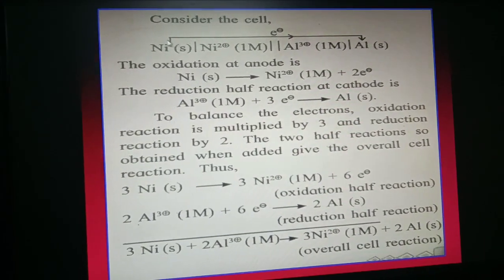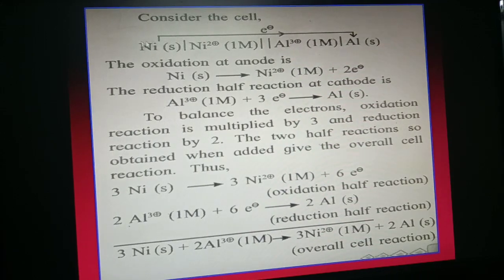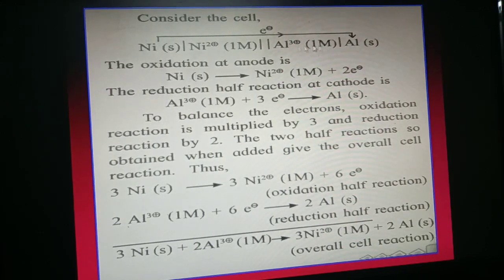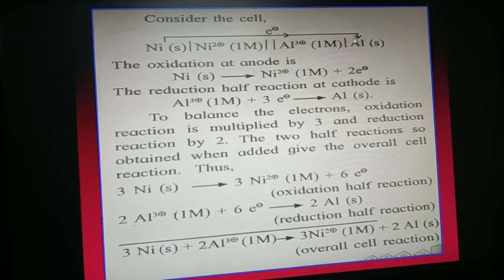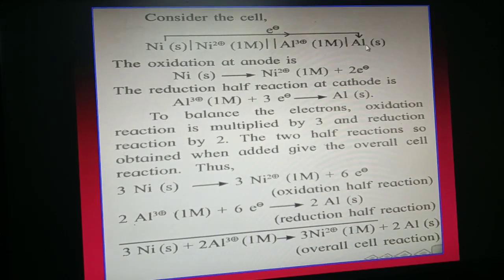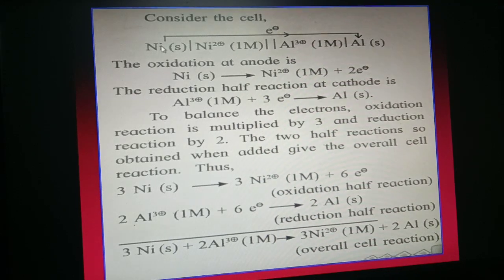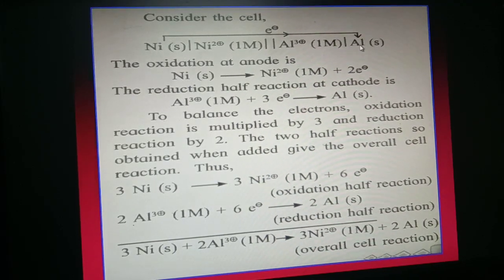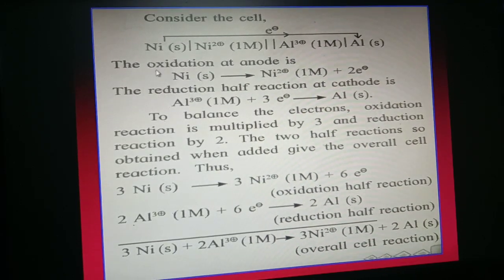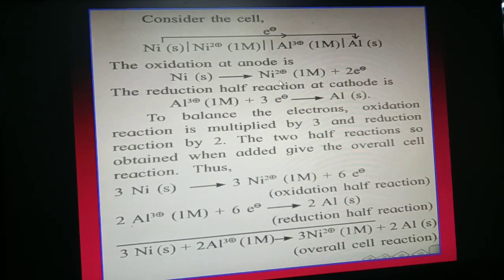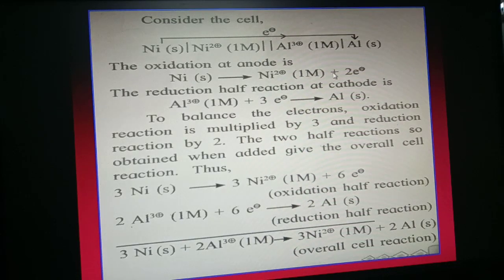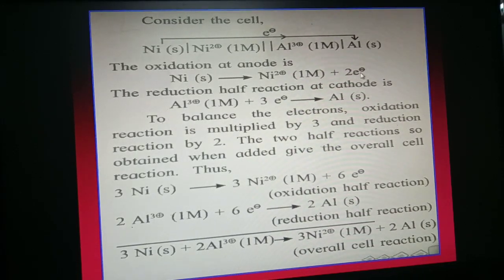As we find, nickel is towards the left, so it will be the anode. Aluminium connected towards the right side will play the role of cathode. So nickel has to oxidize and aluminium has to reduce. Let us see the half cell reactions. At the anode, nickel oxidizes to give Ni2+ with a release of 2 electrons.